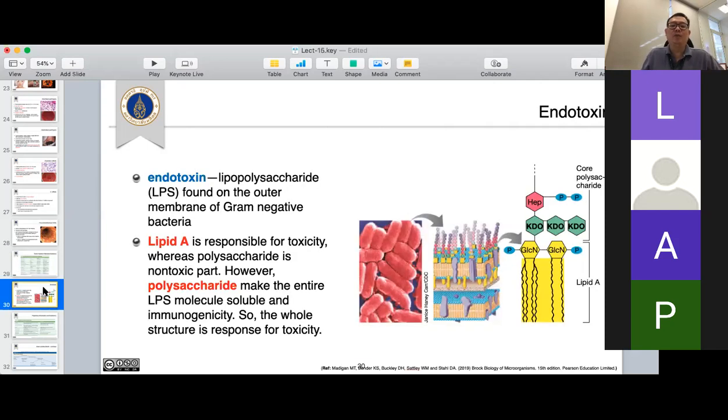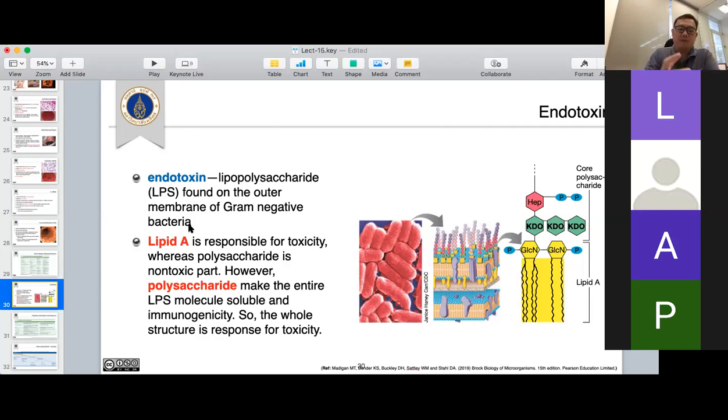Another toxin that you probably need to know, and we will learn in the next lecture, is endotoxin. Endotoxin is lipopolysaccharide found on the outer membrane of gram-negative bacteria. So we never talk about endotoxin in gram-positive. Gram-positive produce exotoxin. Gram-negative can do both. Exotoxin is mostly protein, so it is heat labile.